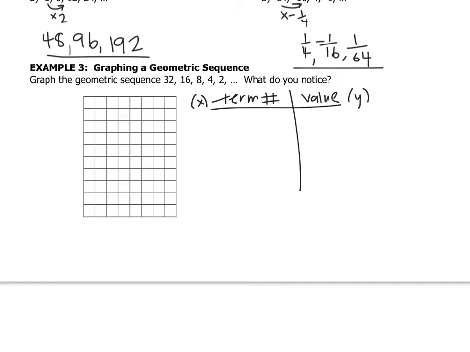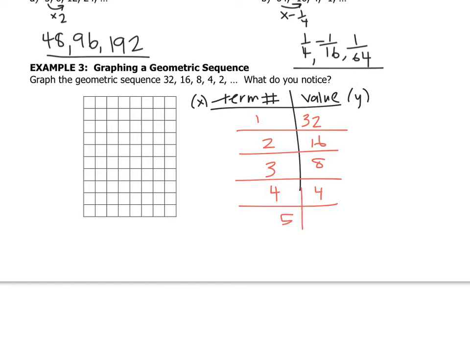So term number 1 is 32. Term number 2 is 16. 3 is 8. 4 is 4. And 5 is 2.